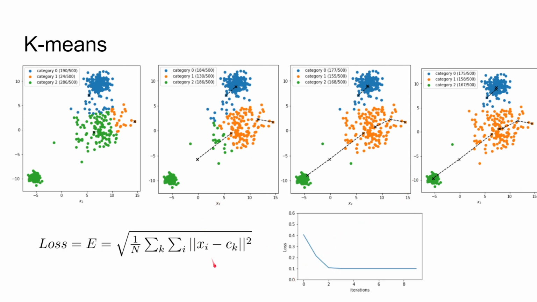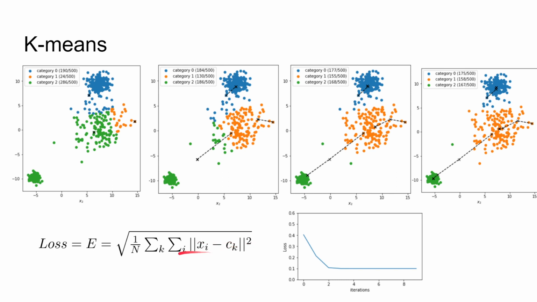Okay, so this is what I've written down here. This is xi, that's a particular data point. And ck is the category's prototype, the x value for the prototype that it is closest to.